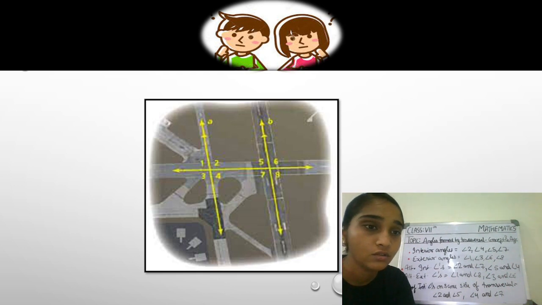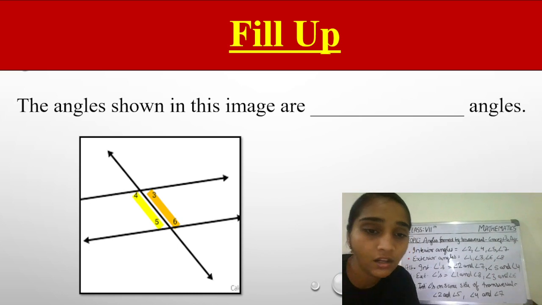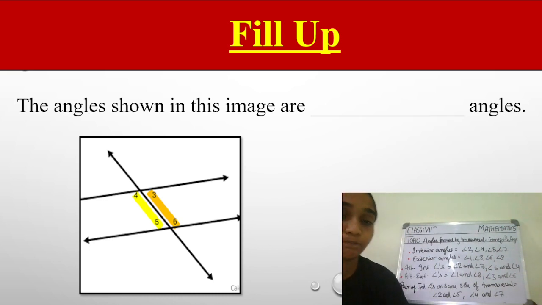Very good students. So now it's time for you to fill in this blank. There are a few angles shown over here. The angles shown in this image are dash angles. So you have to name those angles formed by this transversal. What is the specific name given to these angles in the yellowish highlighted form? Very good.